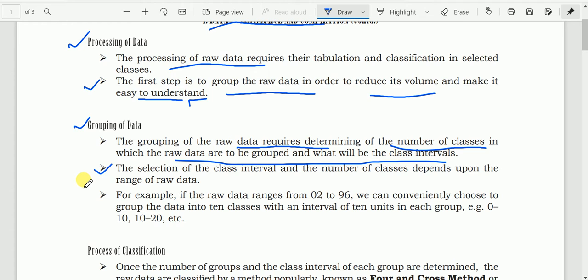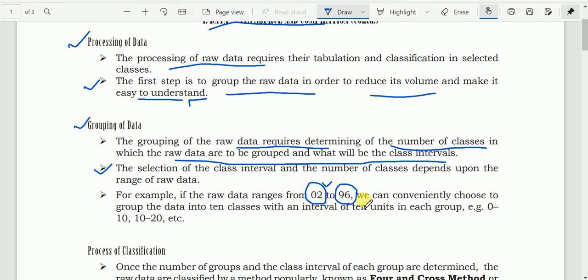Just see here. In a series of data, we have the smallest value 2 and the largest value 96.